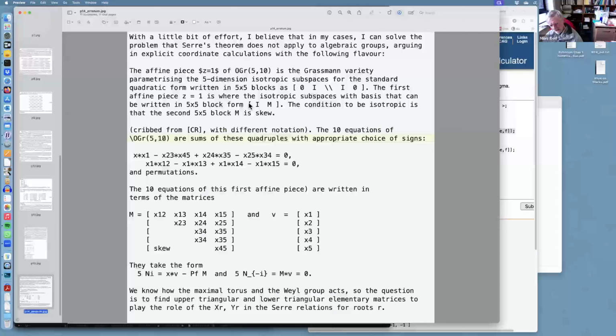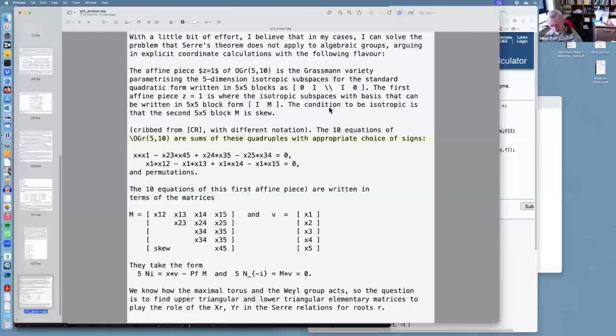And so I can change basis there so that the first 5 by 5 block is the identity. I'm just doing row and column operations.